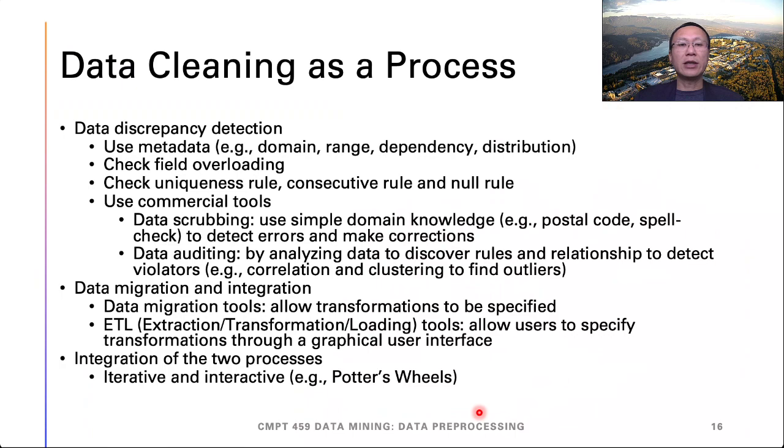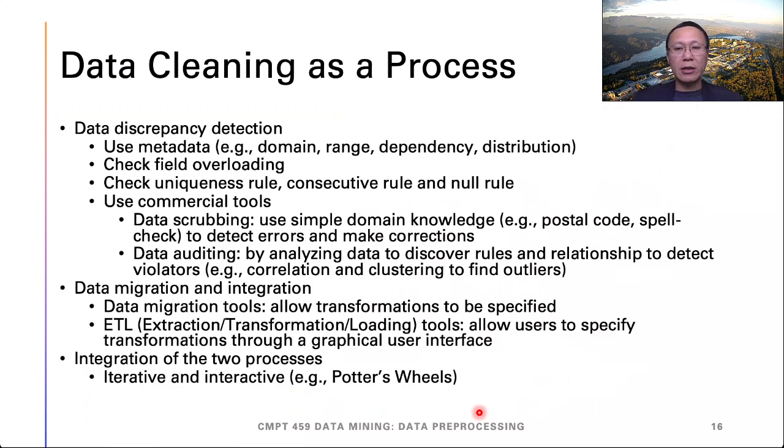We can do data migration and integration. Essentially, you can allow the transformation to be specified using data migration tools to make sure the migration follows good data specification. Or we can use ETL tools, meaning extraction, transformation, and loading tools, to allow users to specify the transformations through a graphical user interface.